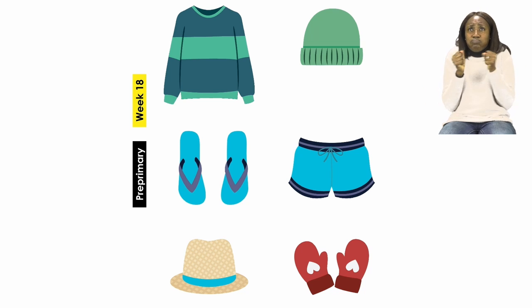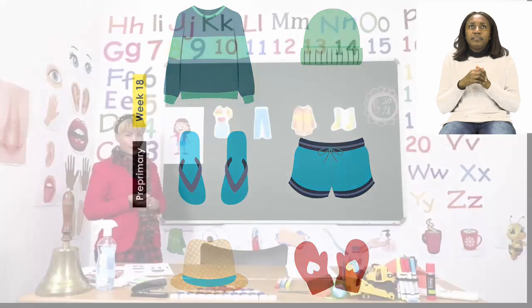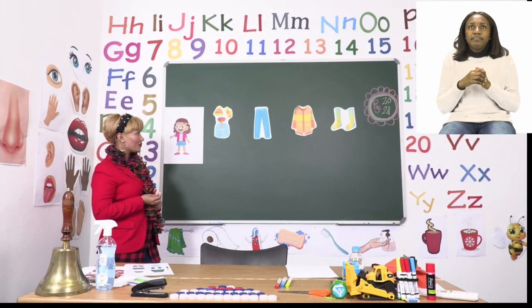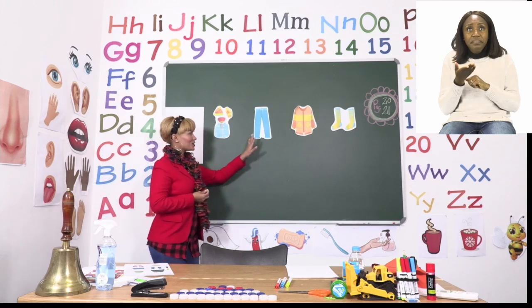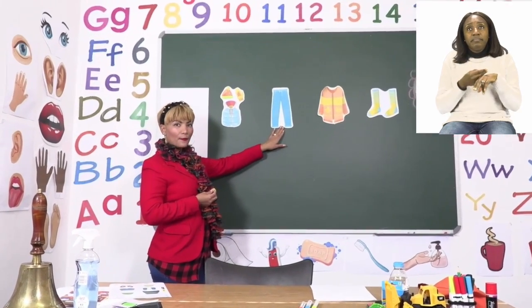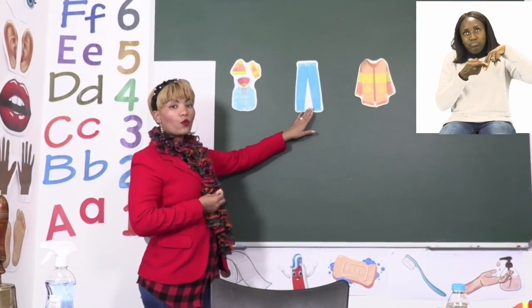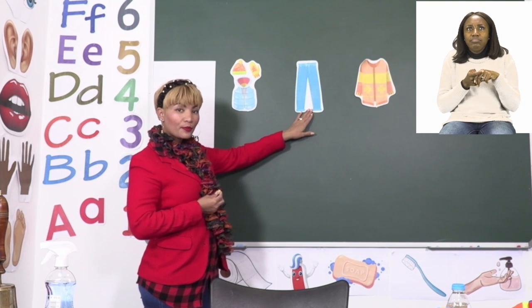So I am going to circle one example on the board for you so that you have an example of how you are supposed to circle your clothes. So here, let's use the picture of the pants. So what do we need to do with the pants?